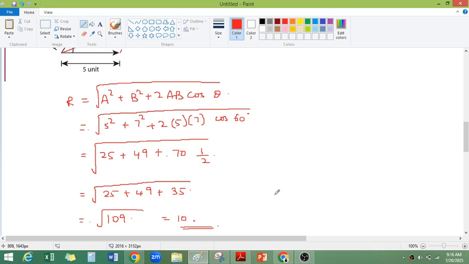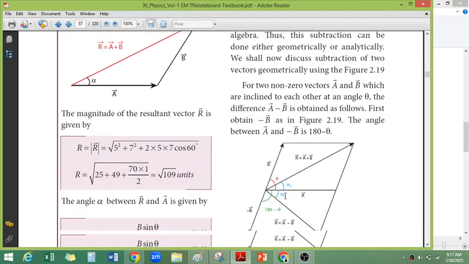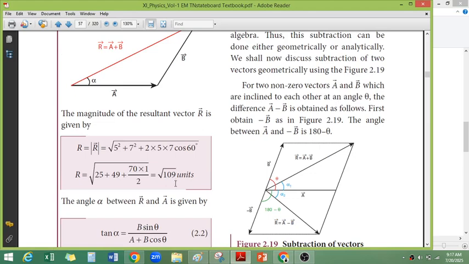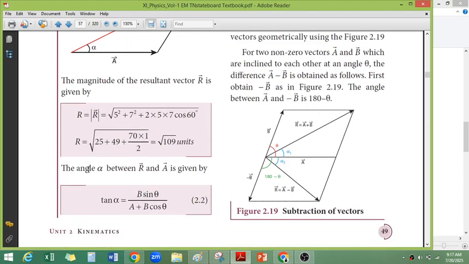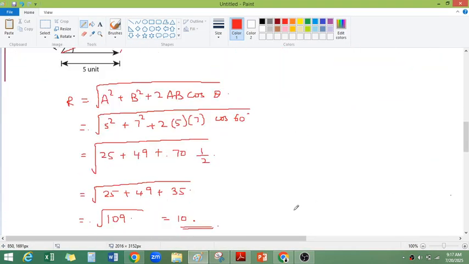So that should be your resultant. Let's see what they have got. Yeah, root 109 units. And then, as we said, we have to calculate the alpha angle between the resultant and the A vector.